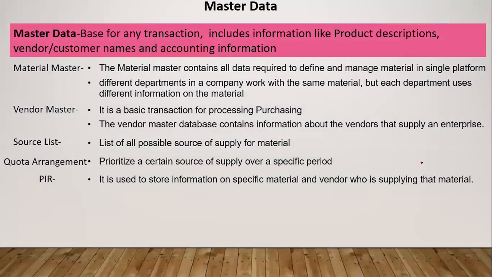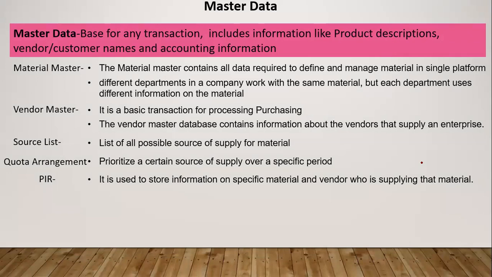Then purchasing info record. All the price related information and all the conditions are stored in the purchasing info record. It is used to store the information on a specific material and the vendor who is supplying that material.